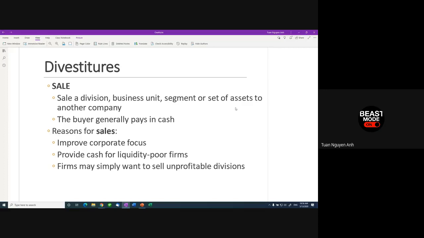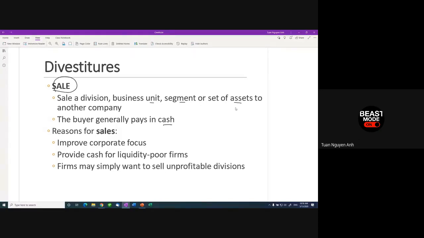The sale is simple: we sell one of our divisions or one of our businesses. We sell part of our company, a segment or set of assets, to another company. So we split or separate. We divide our company into some divisions, and we sell some of the divisions. The buyer generally pays in cash in a sales deal.